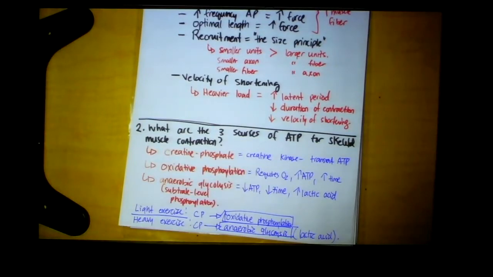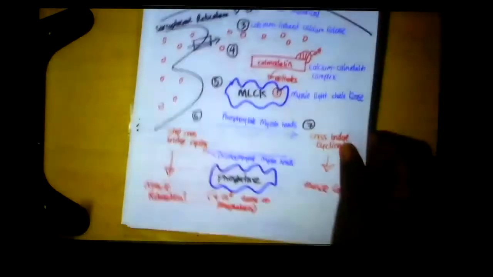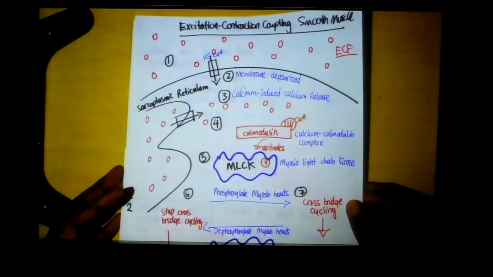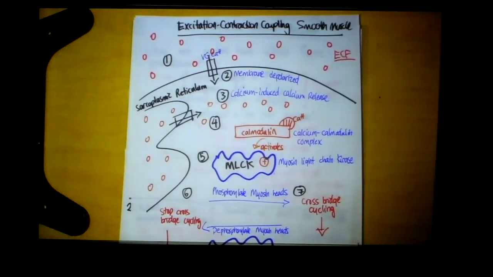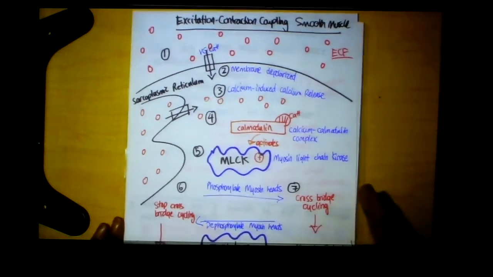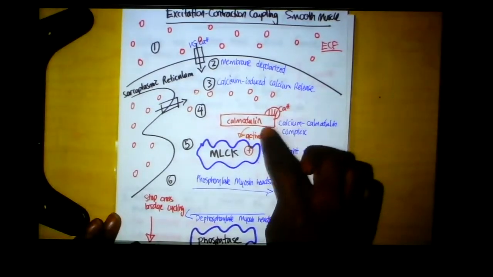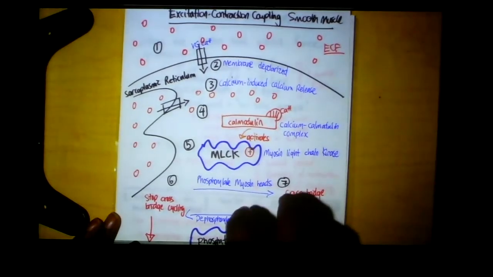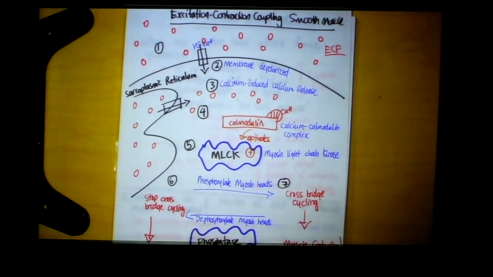The next thing we did was smooth muscle, and we talked a lot about the excitation contraction coupling of smooth muscle. You should already have this drawing. And this is a really important place to sort of study the general facets of muscle contraction. Make sure you understand how calcium is regulating smooth muscle contraction versus how calcium regulates skeletal muscle contraction, right?